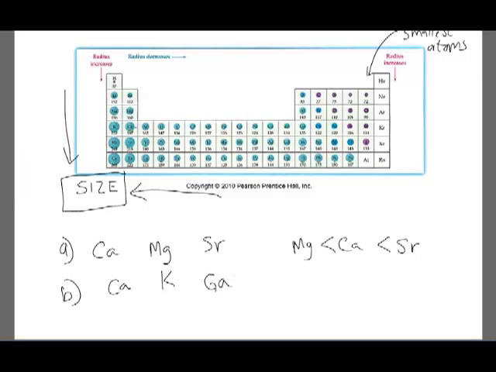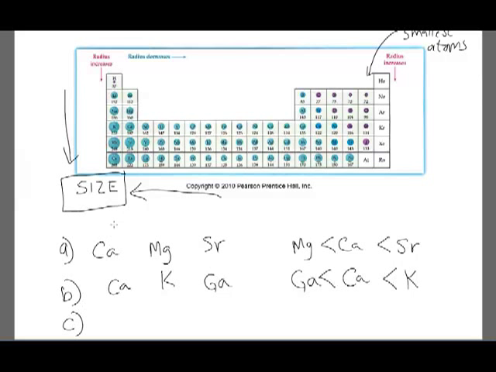So calcium again, potassium, and gallium's way over here. So again, you should do this with a periodic table that doesn't show size. You should be able to predict it just based on position. And we can see that calcium is to the left, so calcium is the biggest, or sorry, potassium is the biggest. Calcium is the middle, and gallium is the smallest.